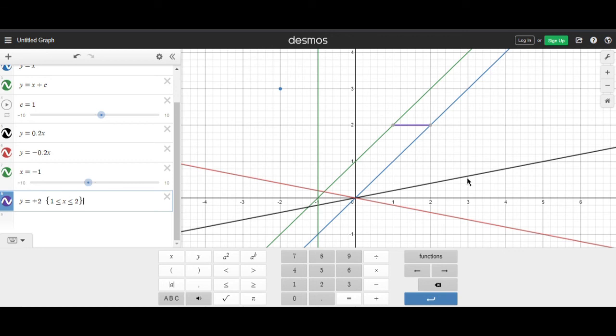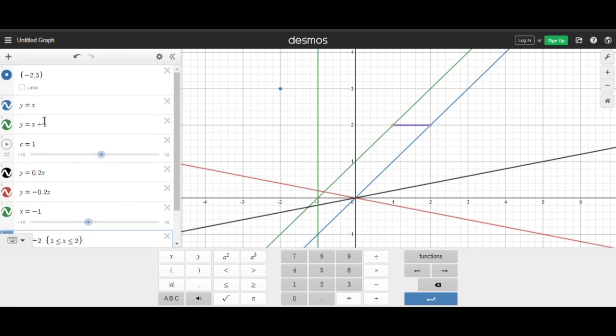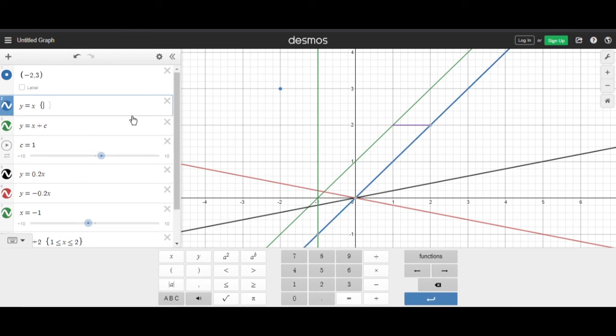Okay, now suppose you want, ma'am, I want this blue line to be till here. Okay, and suppose from 0 to 2. So let's go to this blue line. Here is your blue line and you want to shorten it, so curly bracket. So the lower limit is suppose 0. Okay, and then less than equal to x, and then again less than equal to, and you want it till 2.